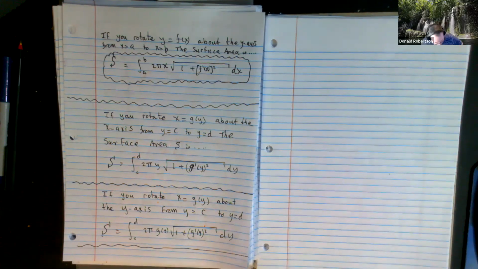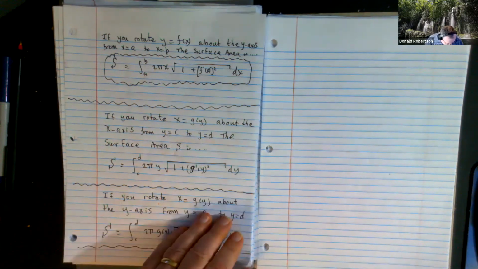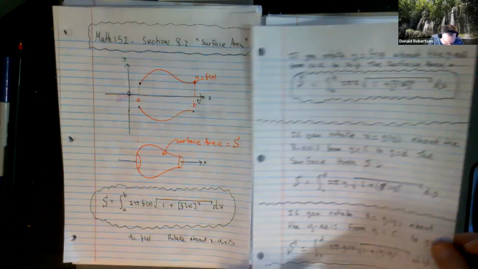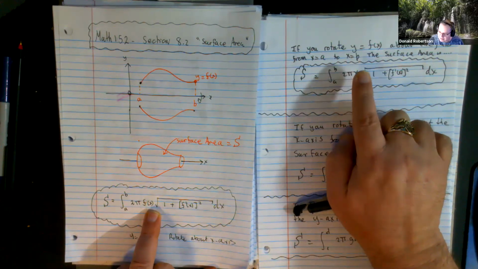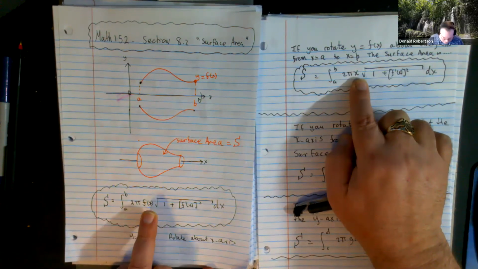Right, so it's y equals x cubed, but it's going to get rotated about the y-axis. So you can imagine that shape would be different, and so its surface area would be different. And how do you get its formula? Well, not an awful lot of difference. Do you see the only difference is an x instead of an f of x? You see that? 2 pi x instead of 2 pi f of x.